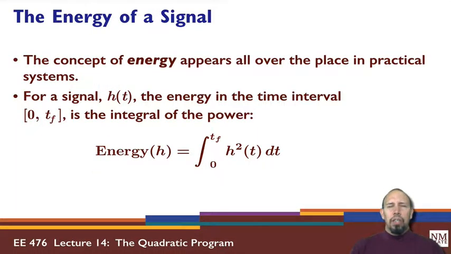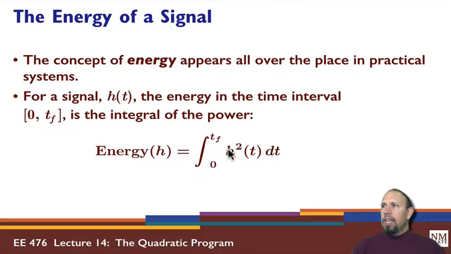Okay, control energy. We talked about control energy. How do we evaluate the control energy? Well, the concept of energy is an important quantity in all kinds of practical situations and systems. So if you have a signal, h of t, the energy required from 0 to some time, tf, is the integral of the power.